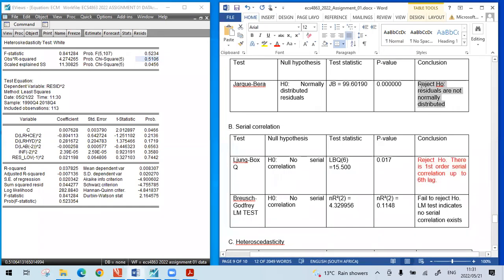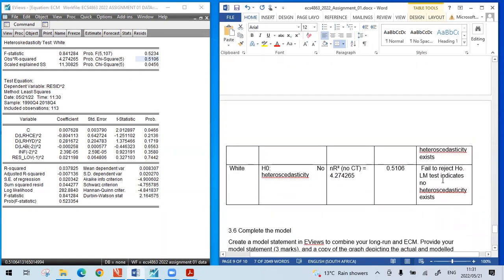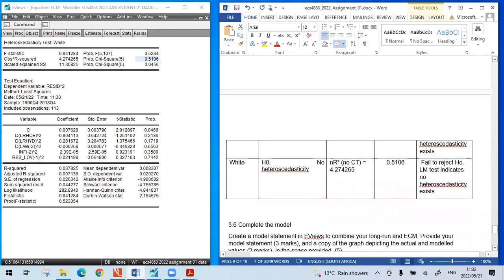The other one, yes, but we can talk about it, it's not much of a problem. Here one of the tests is showing that it is there. So is it a good model? No. It's fine on heteroscedasticity, but on serial correlation, it should not show serial correlation.